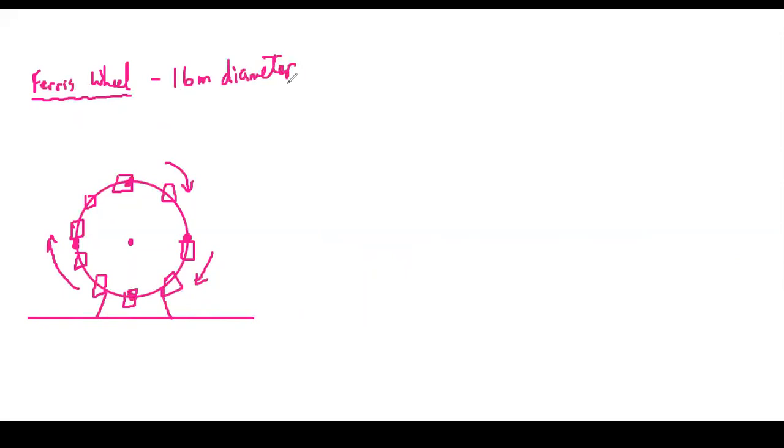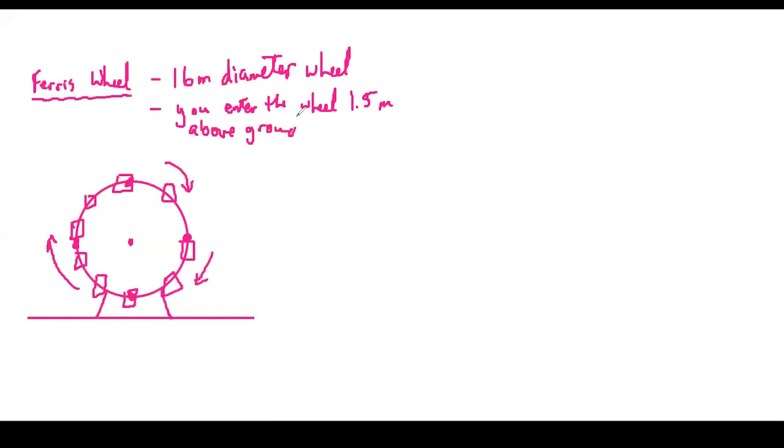I'm not going to write out the full word problem, I'm just going to give you the information that you need. So it's a 16 meter diameter wheel, and you enter the wheel at 1.5 meters above ground.